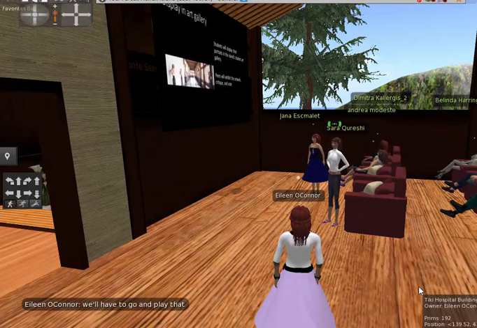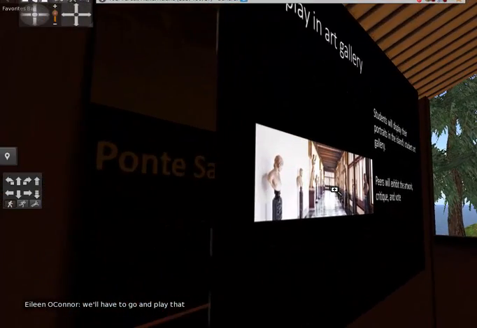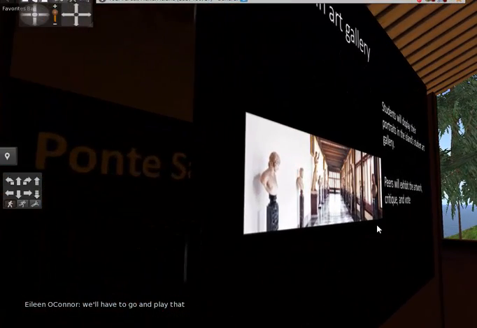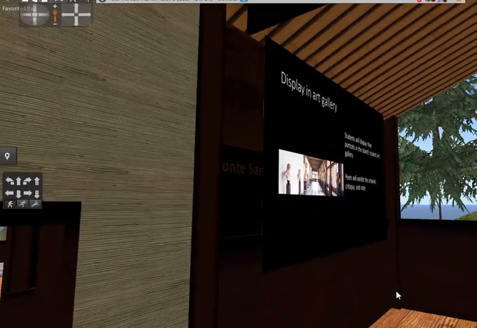So what the students would do with their artwork, or the portrait that they make, they would get to display it in a gallery on the virtual campus. And what would happen is their peers, or maybe even it would be open to the public theoretically, they would come in and they would view all the artwork that all the students had created.